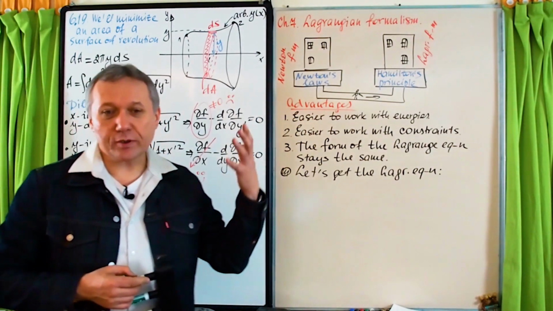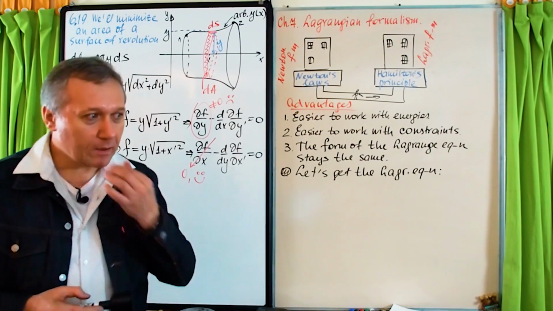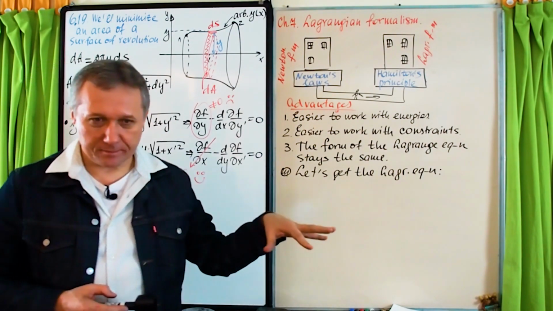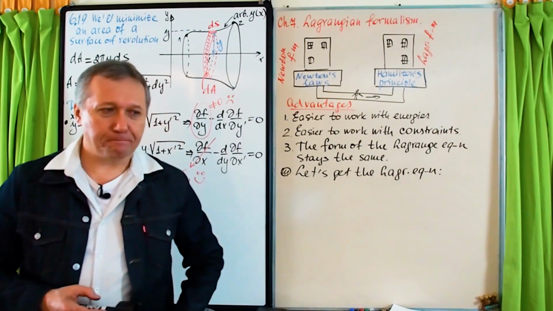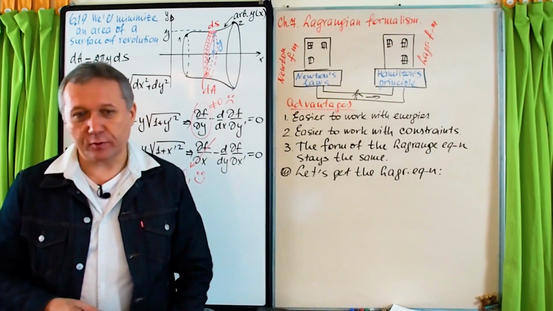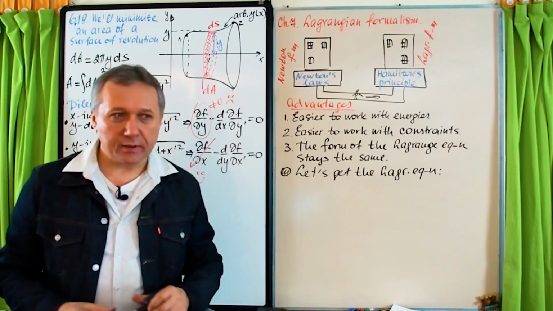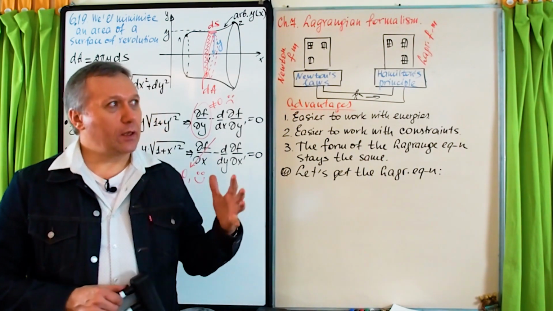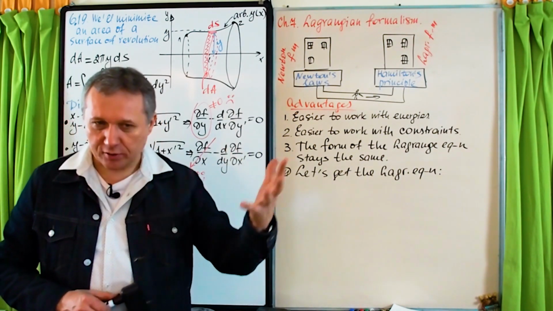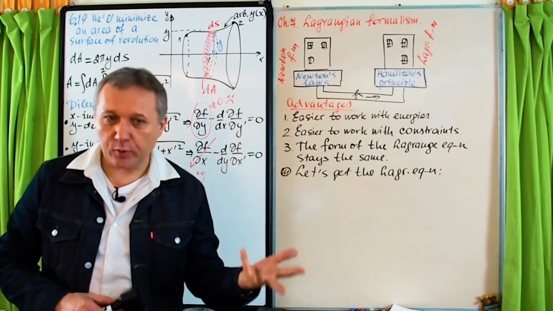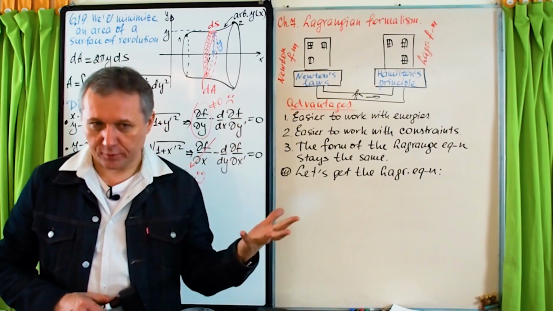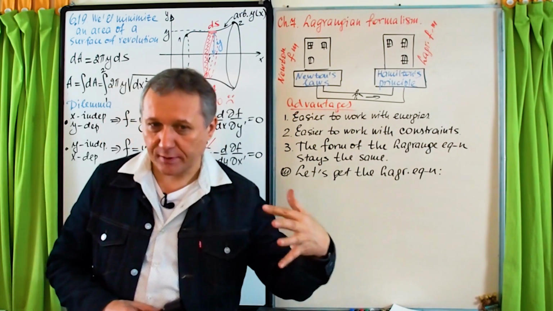Let's say we have a point mass, no constraints, so no surfaces, no rods, or nothing which would restrict motion of that point mass. And let's assume three-dimensional space, and that it is exposed to some conservative force. So as a result, we can introduce potential energy.